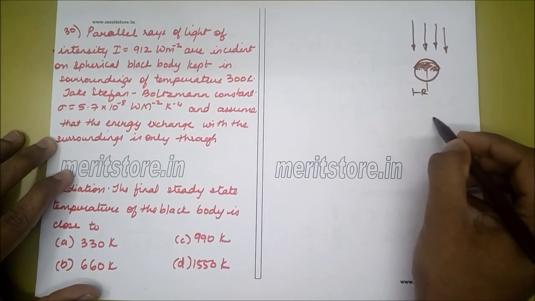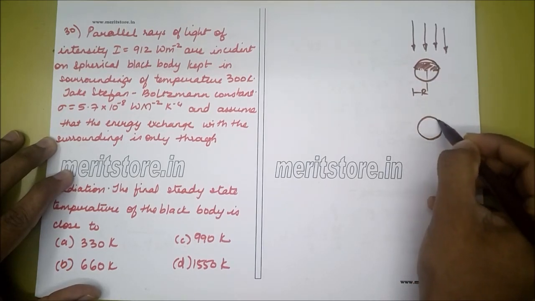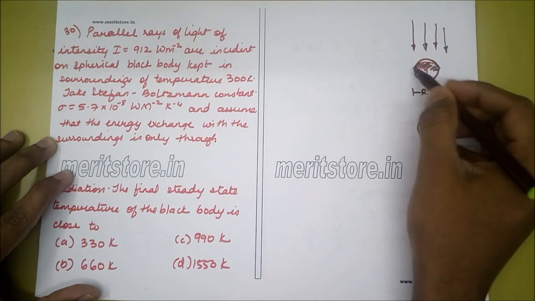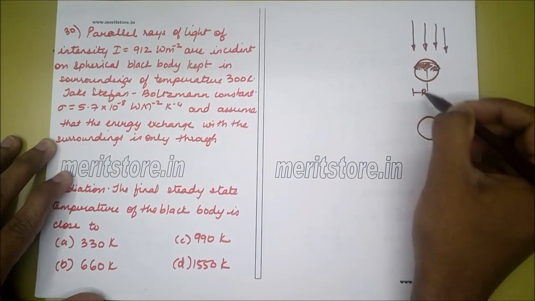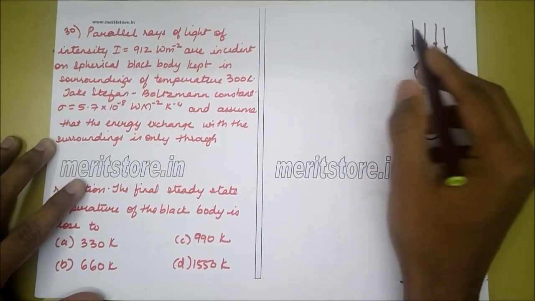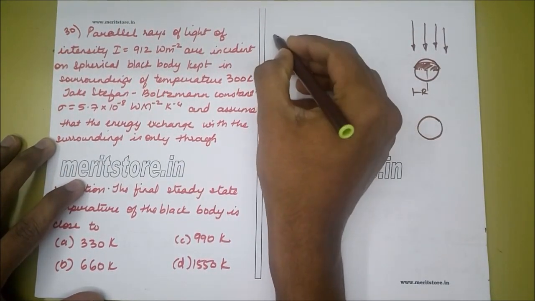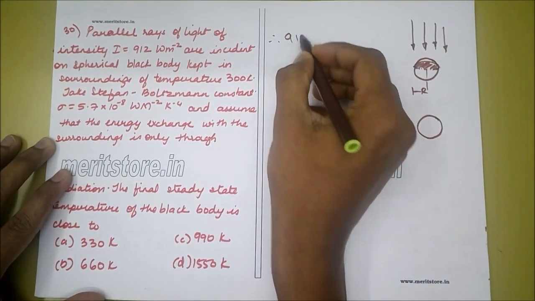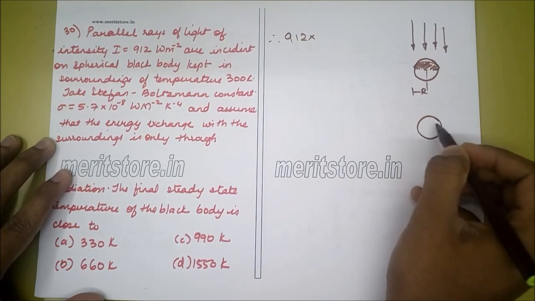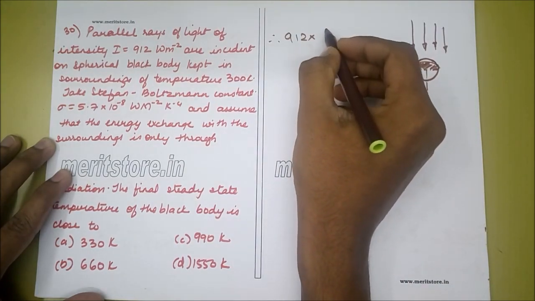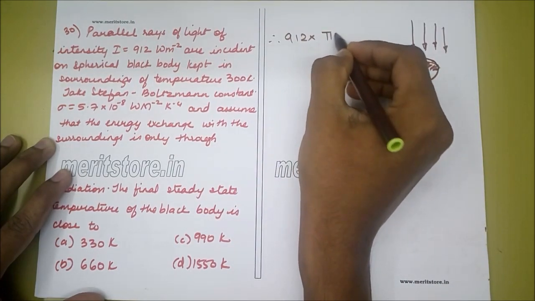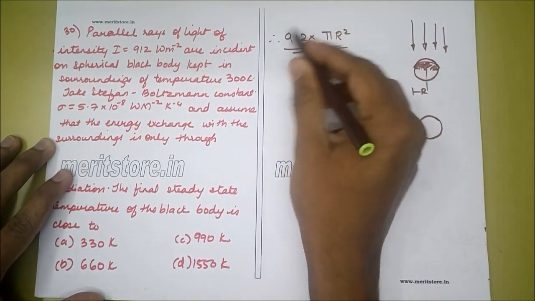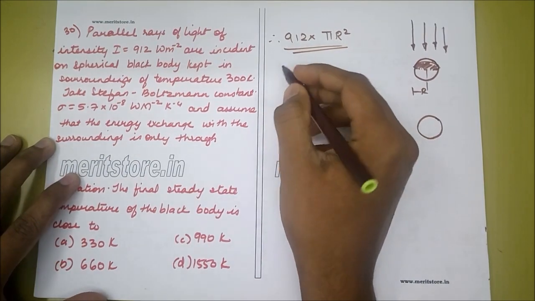So if we see, we get a circle. The projected area of this sphere is a circle upon which the rays of light are incident. Therefore the total energy that is incident is 912 times the projected area, that is the area of this circle, pi r square. So this is the total energy that is incident on the sphere.